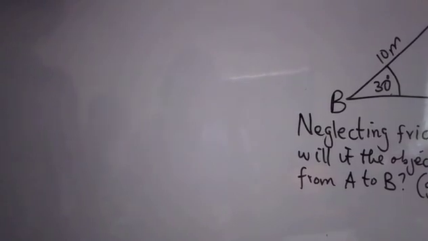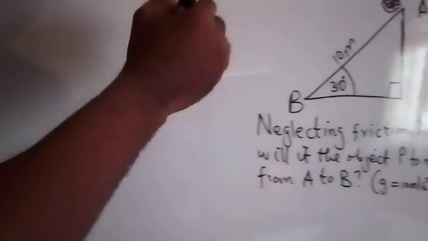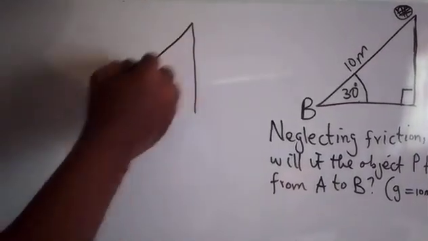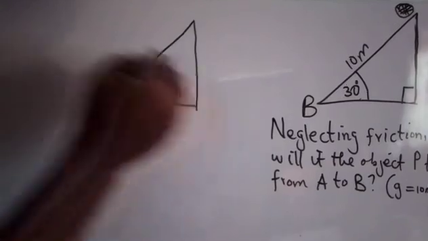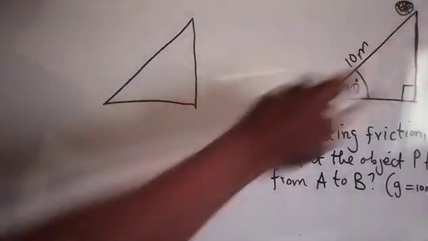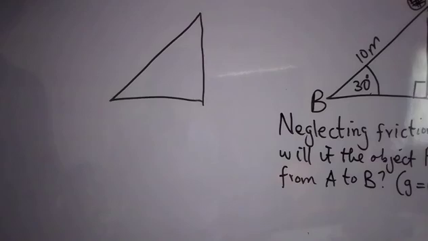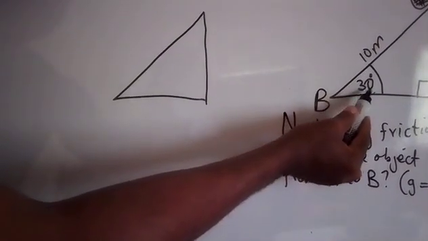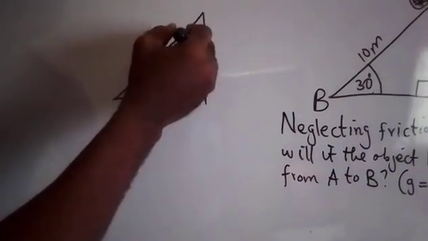Now, the little trick I'm going to say is this. Anytime you have an inclined plane, draw another inclined plane. In this one, don't use the values you have here. Just tell yourself, you see this 30 degrees inclined here, bring it up here.